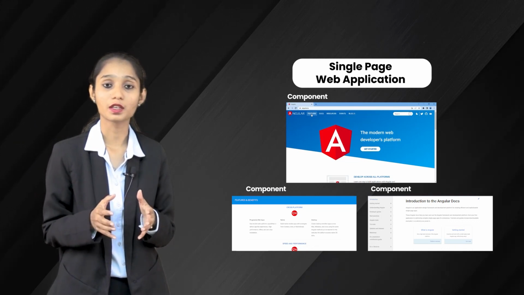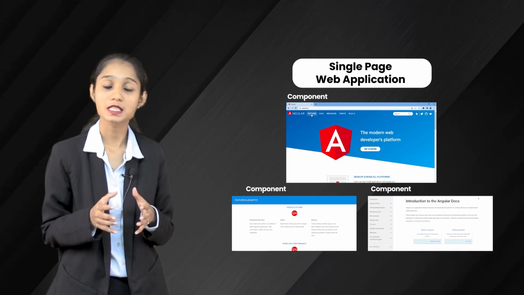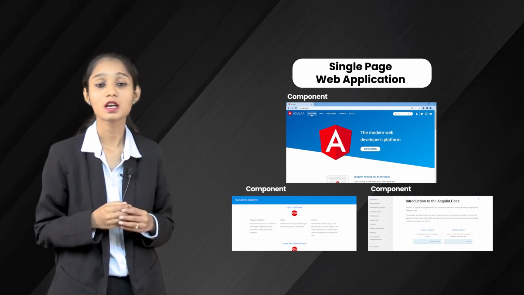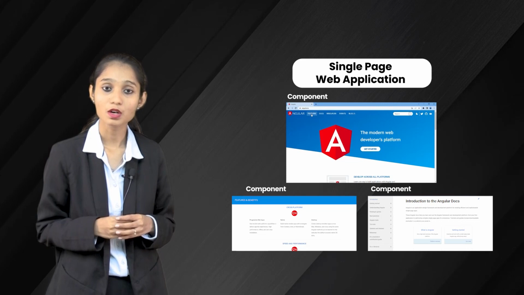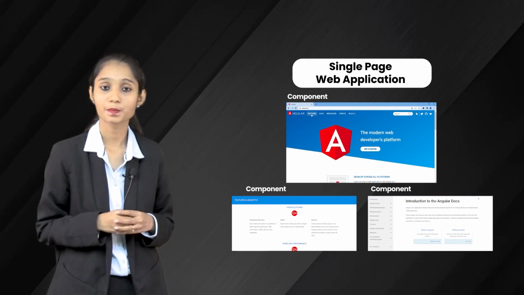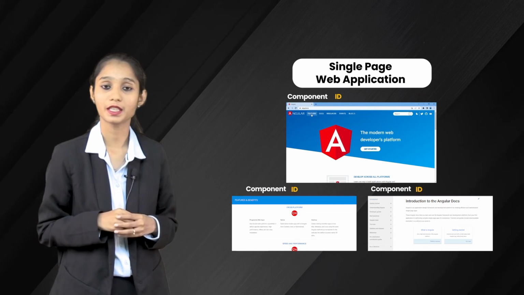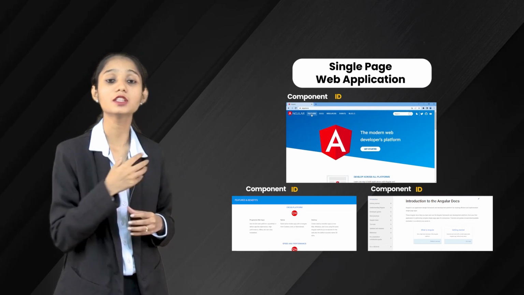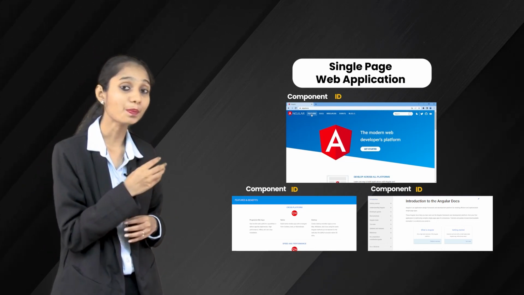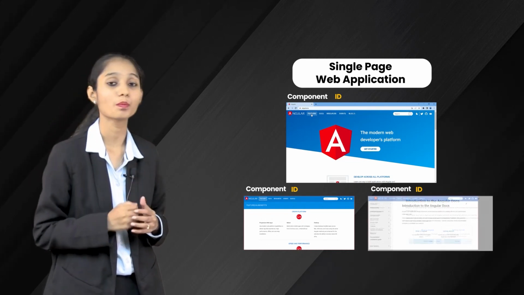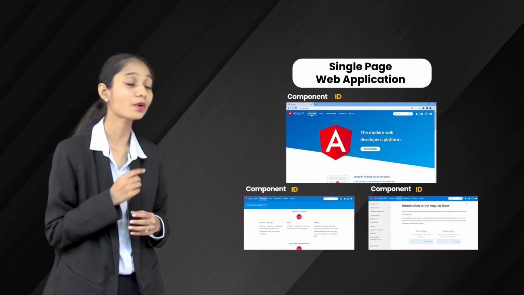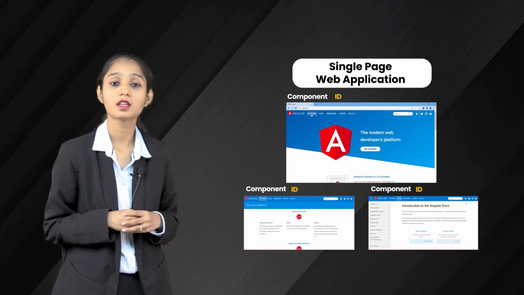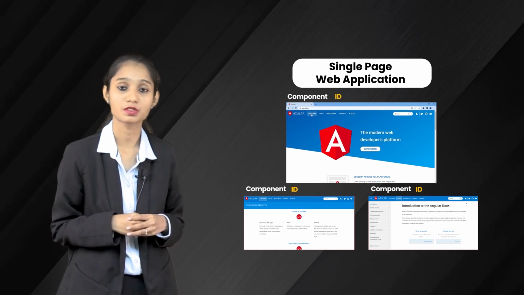If you want the template to be the same for all other components as well, like for features and docs, then for every component one unique ID will be generated. If we use that unique ID in the other components, then that template will be applied to the other components or sub components as well. So this is nothing but the single page web applications.